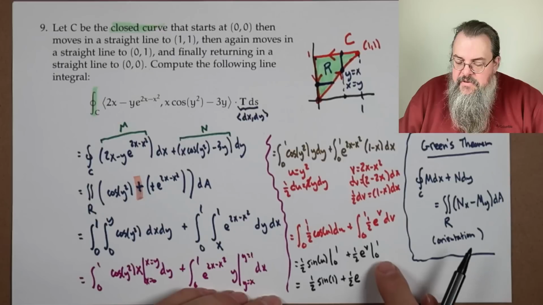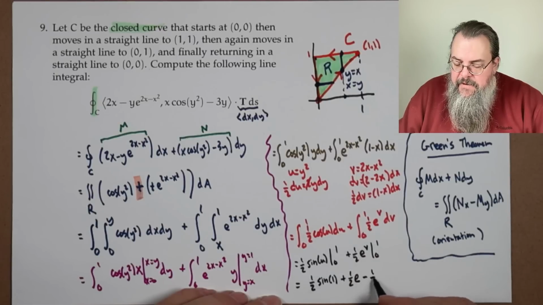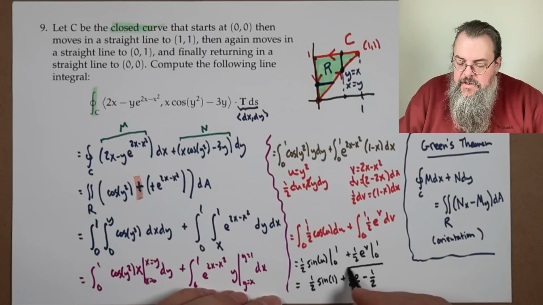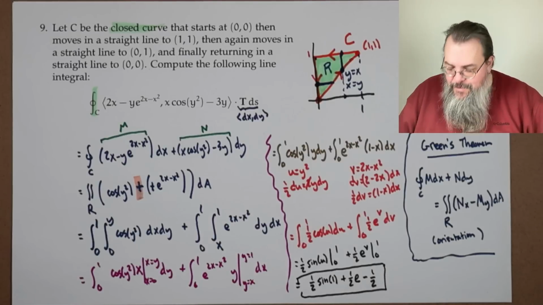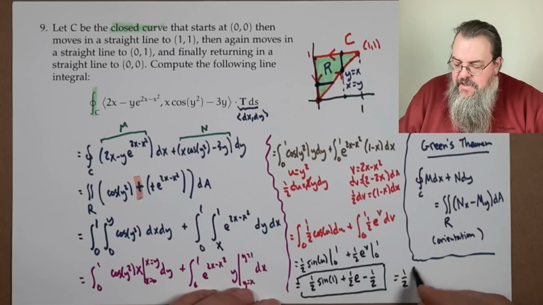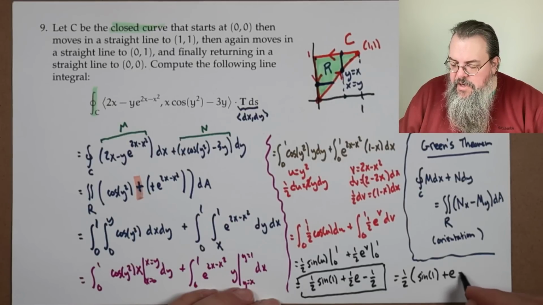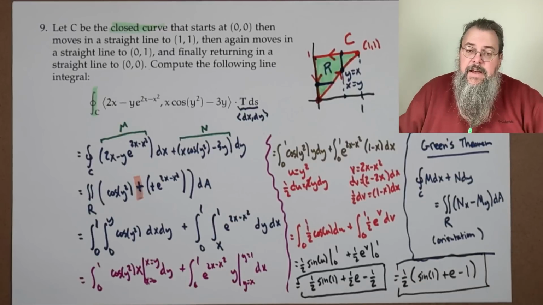And when we plug in 0, well, e to the 0 is 1, and then so minus 1/2. So there we go. 1/2 sine of 1 plus 1/2 times e minus 1/2. If you really wanted to, you could factor out the halves and say sine of 1 plus e minus 1. But that's the same thing, just factoring out the half.